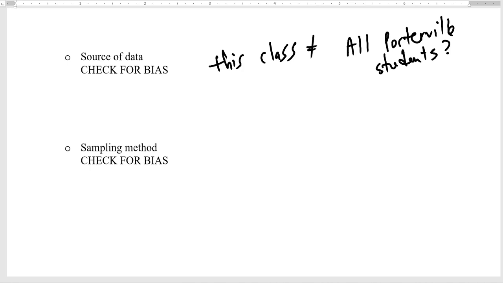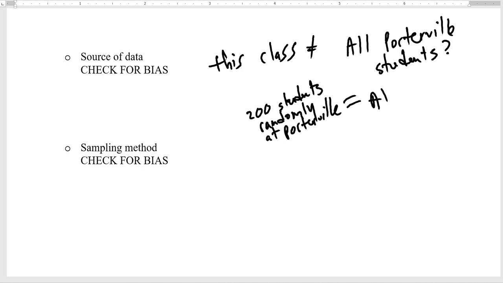Also, we're talking about sample size. We want to make sure that we get a large enough sample, but you'd be surprised how large of a sample you need. We could probably sample 200 students randomly at Porterville, and we probably could represent all Porterville students pretty well.